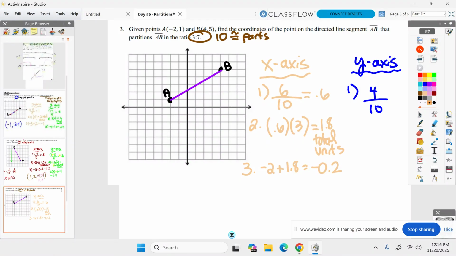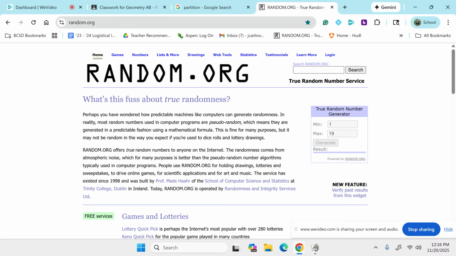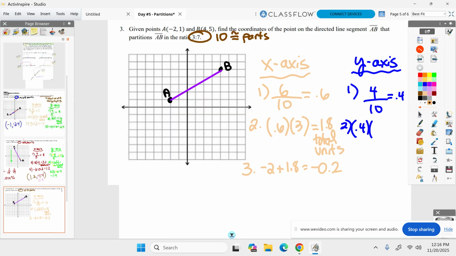10 equal parts. So we're going to go 0.4 every time. All right, every time you move 0.4, how many times are you going to move 0.4? Jake? 3 times, yep. Always the first number in the ratio.